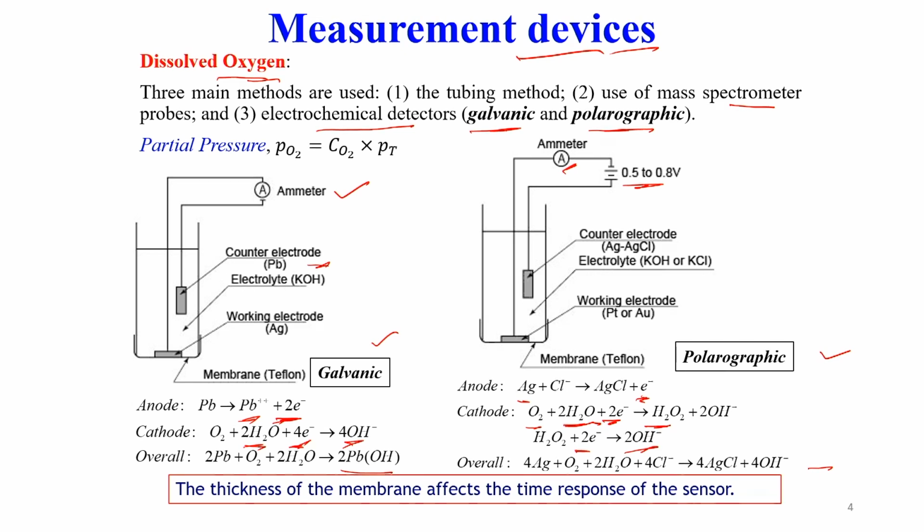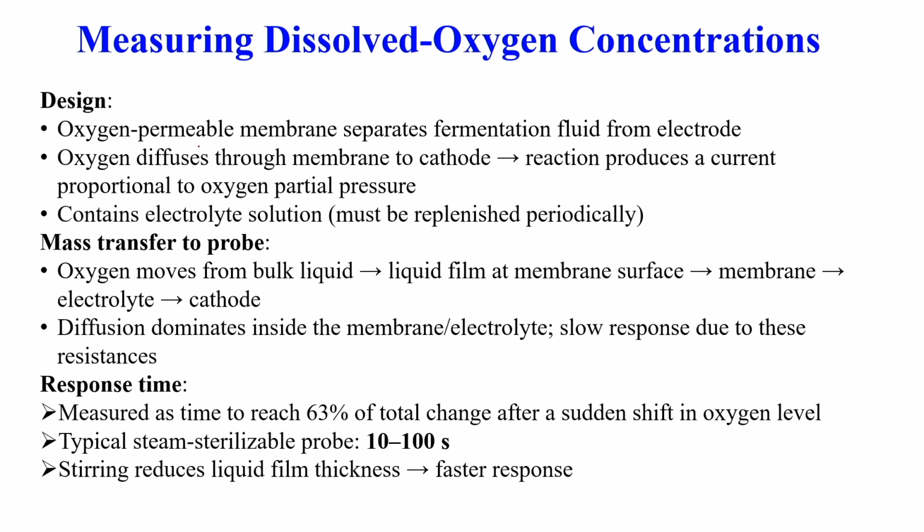In both the cases you can see this Teflon membrane. This is the first thing, how oxygen permeates to this electrochemical detector. There is a semi-permeable membrane that affects the time response for the sensor. The first one is the oxygen permeable membrane, which separates fermentation fluids from the electrode.